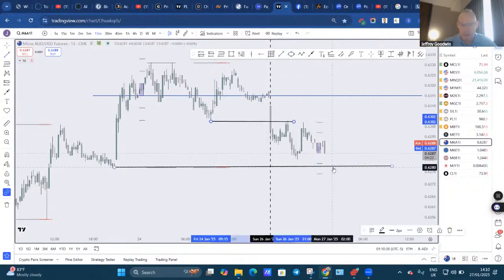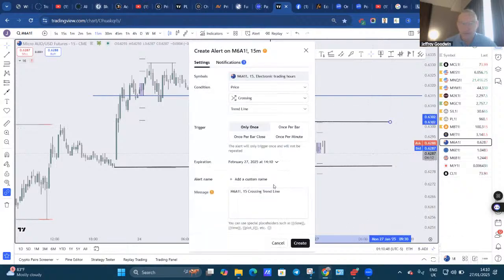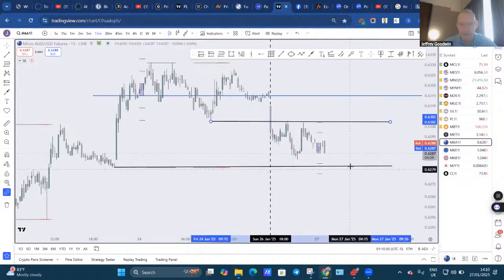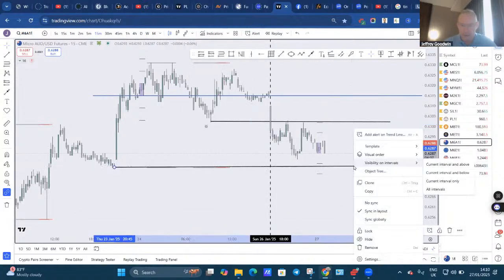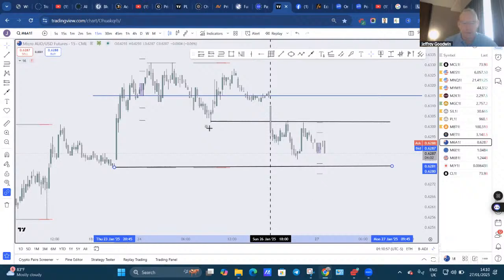Liquidity. What I'm going to do is set an alert on this. But for those people who do want to trade with me, I'm going to do a line here, ladies and gentlemen, and also do a line here. Yeah, perfect. So we have an alert there.